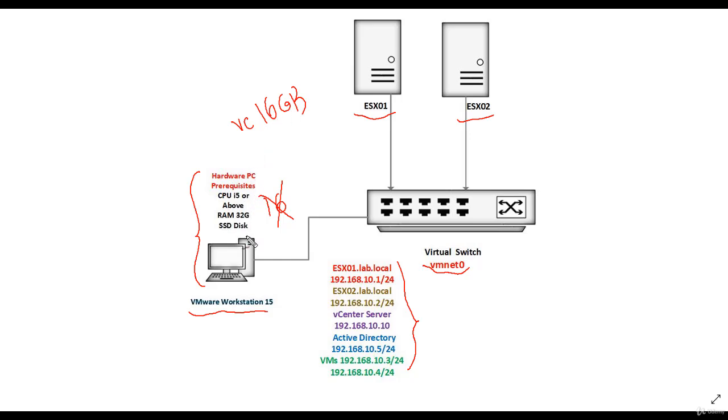And lastly, it is recommended that you have an SSD disk drive in your PC, because SSD drives are faster than SATA drives and you can run multiple VMs at the same time without limiting disk resources.